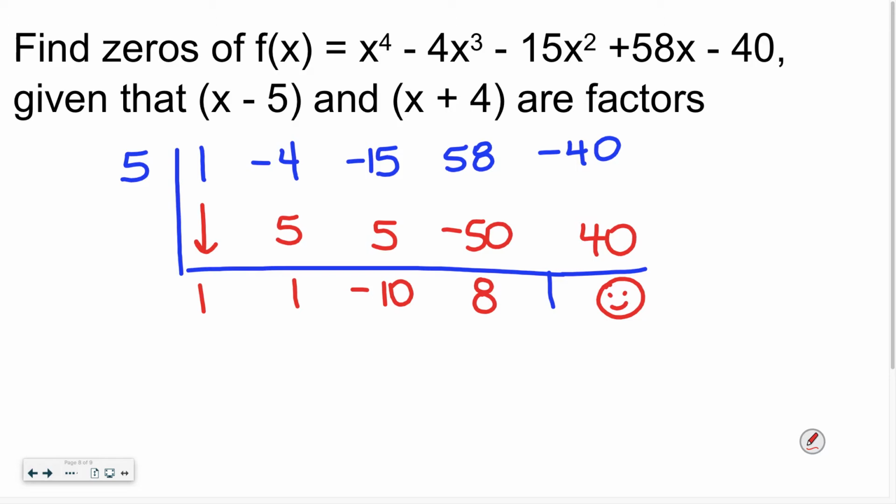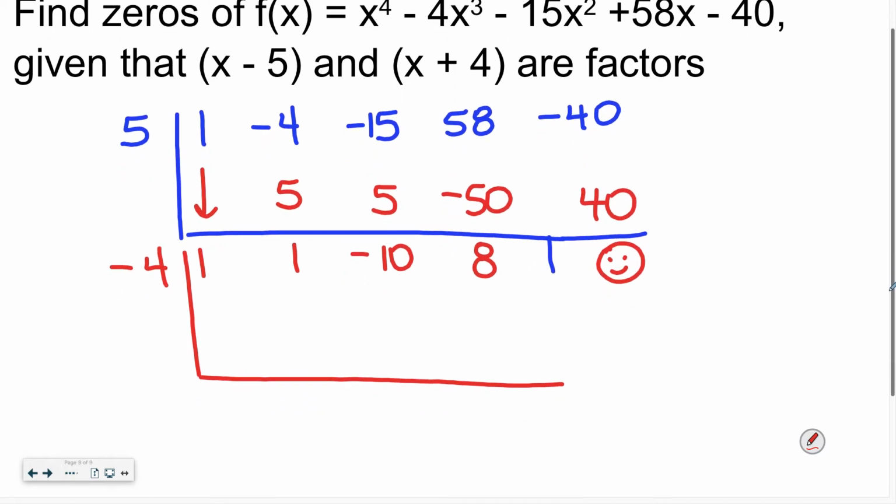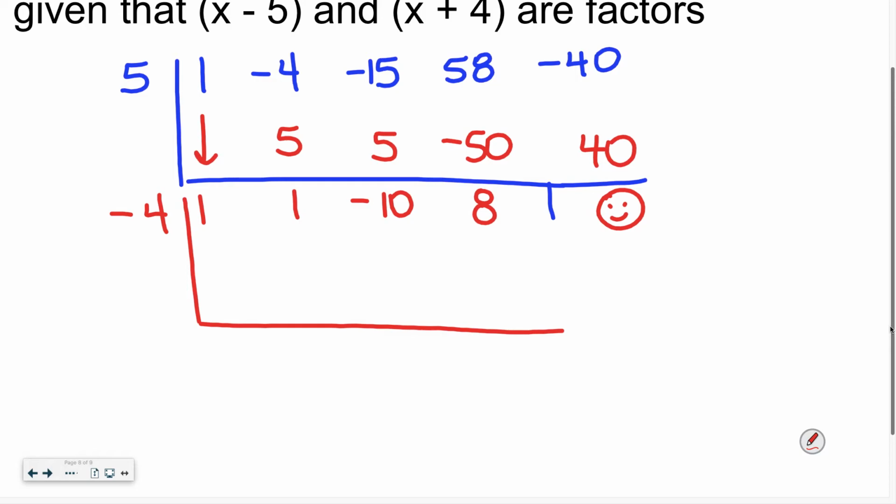We can go from here. We can do synthetic division again, but this time we're going to do the synthetic division with what we have left over. We have a third degree polynomial now that we can use synthetic division with that x plus 4 factor, and it should still divide evenly into what we have left over.